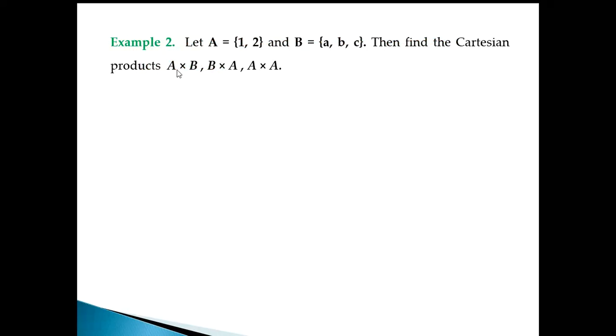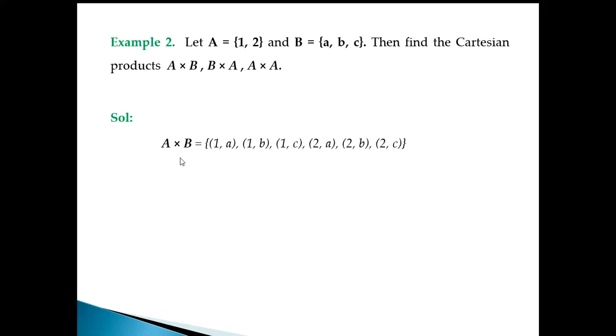We have to find the Cartesian products A cross B, B cross A and A cross A. First we calculate A cross B. What type of elements are in A cross B? They are ordered pairs in which the first element belongs to set A and the second element belongs to set B. So our elements are (1, a), (1, b), (1, c), similarly (2, a), (2, b), (2, c). Ordered pairs like these are in A cross B.